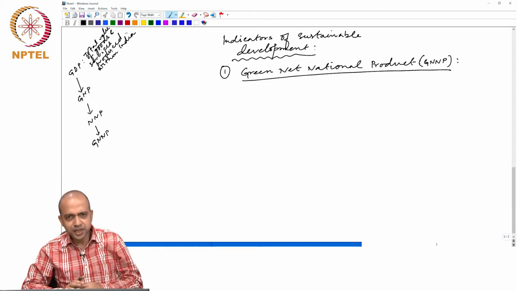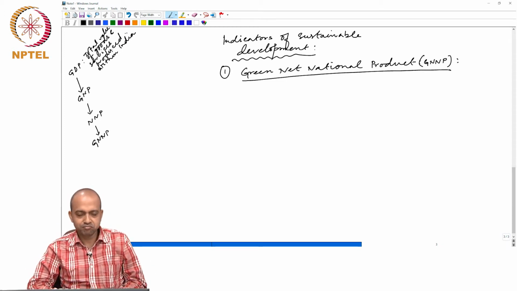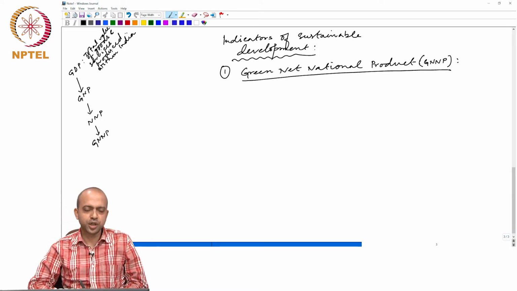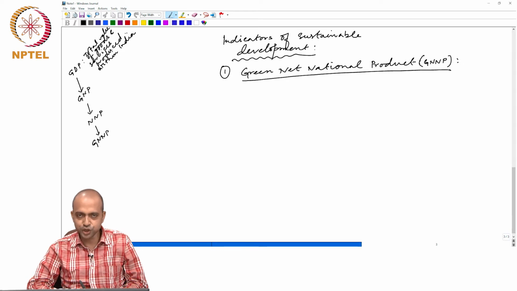Now, this GDP includes not only the production of Indian companies, but also the goods and services produced by the MNCs. That means foreign companies which are operational within the Indian territory.